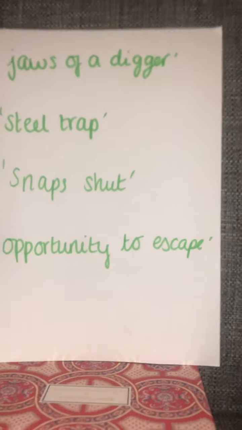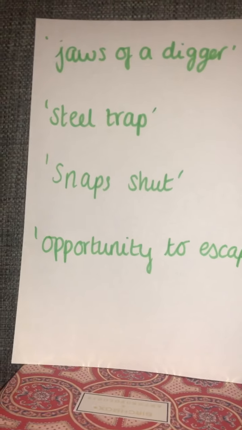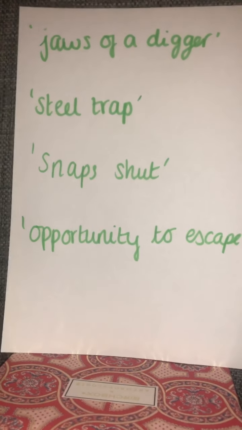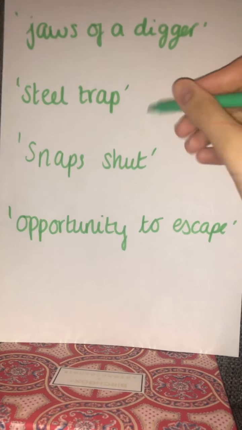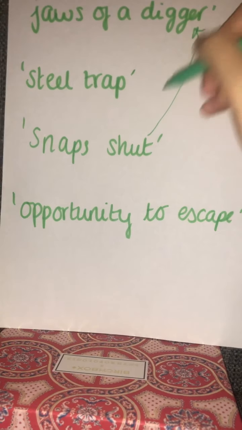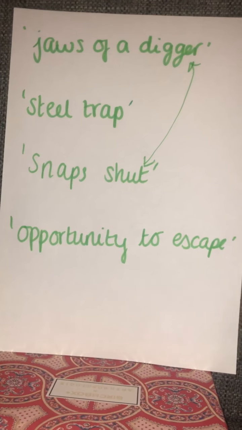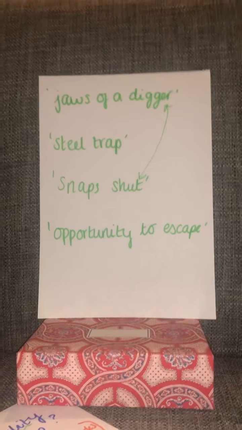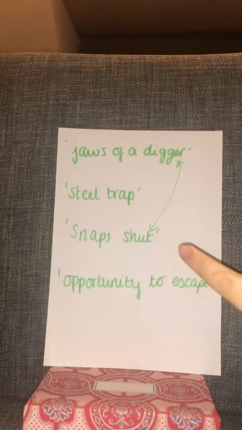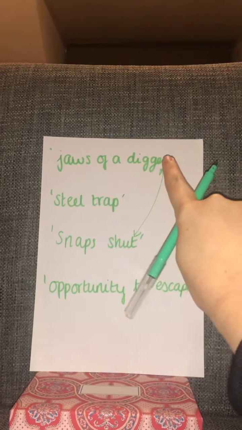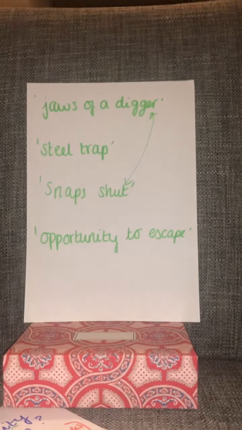Now this is a 3-mark question, so I know that I should probably have 3 of these points. So I'm going to actually combine these 2 together because actually jaws of a digger and it snaps shut are very similar. You could have also linked steel trap and jaws of a digger together. It doesn't matter if you did that differently.